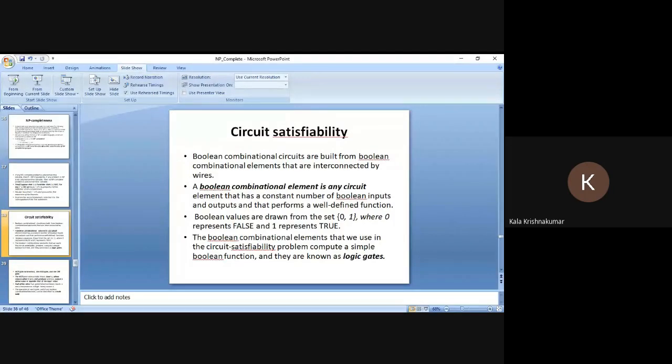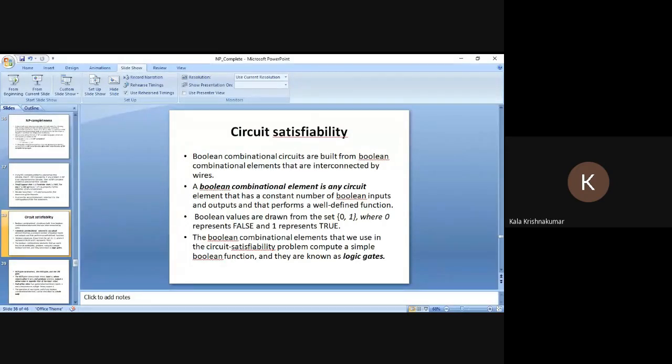The Turing machine halting problem is the first known problem in NP, and we are reducing an instantaneous description of a Turing machine into a Boolean expression. So that is done in polynomial time. You are taking this Turing machine and an instantaneous description, that is the state of the Turing machine at a particular moment.